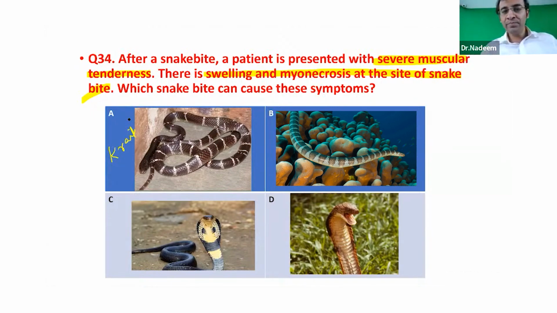What about B? B is a viper. What about C? C is the common cobra or the king cobra.